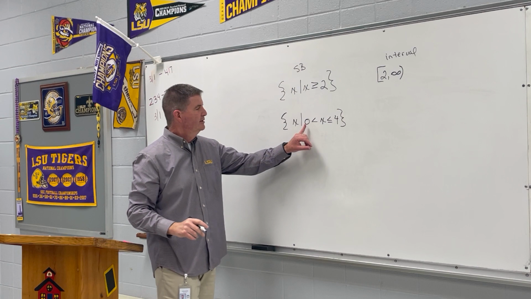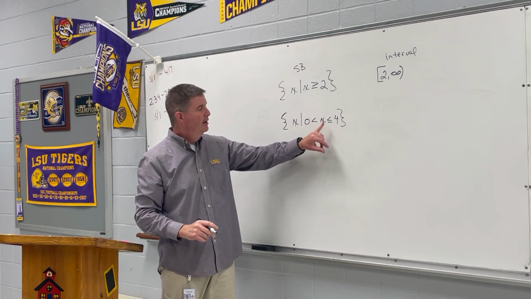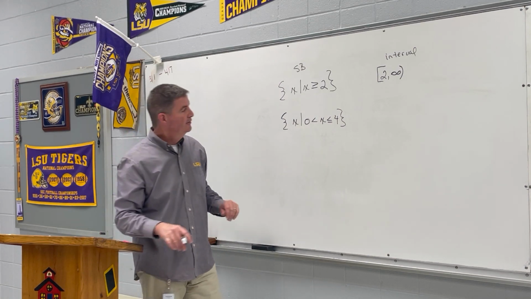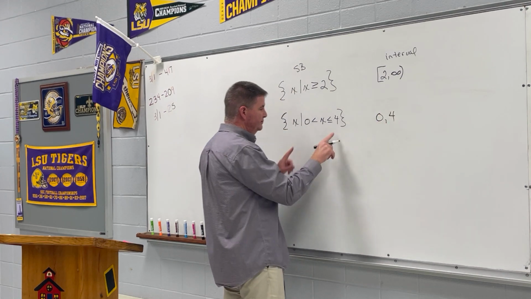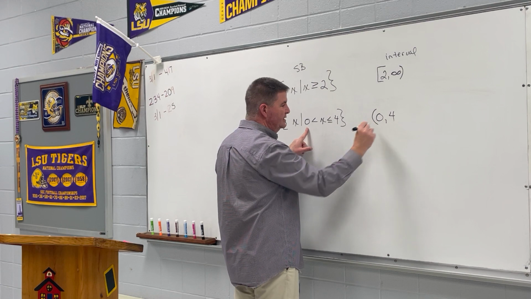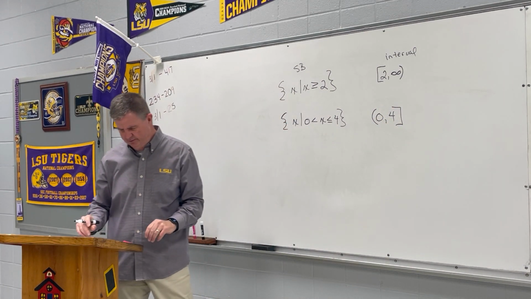That means the numbers from 0 to 4, not including 0, but including 4. How are we going to write that using interval notation? We would have 0 to 4, start and finish, not including, so parenthesis, including, so bracket. That would be my interval.